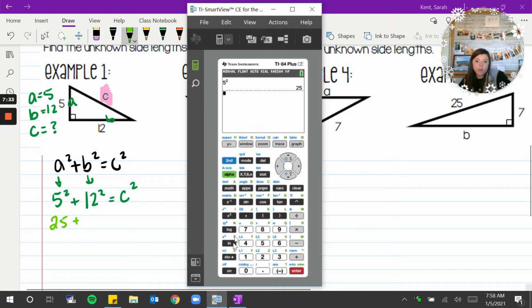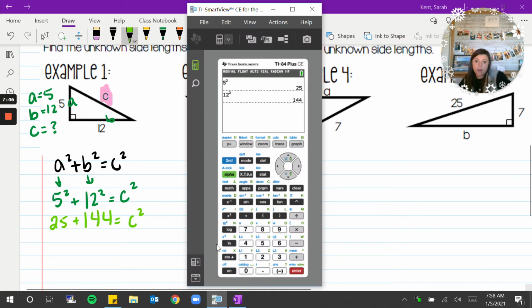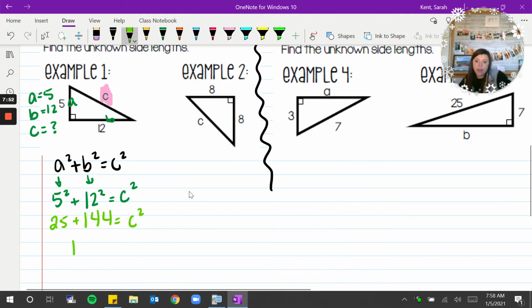Plus 12 squared, which is 144, equals c squared. Now I need to add these 2 together: 25 plus 144, which gets 169.